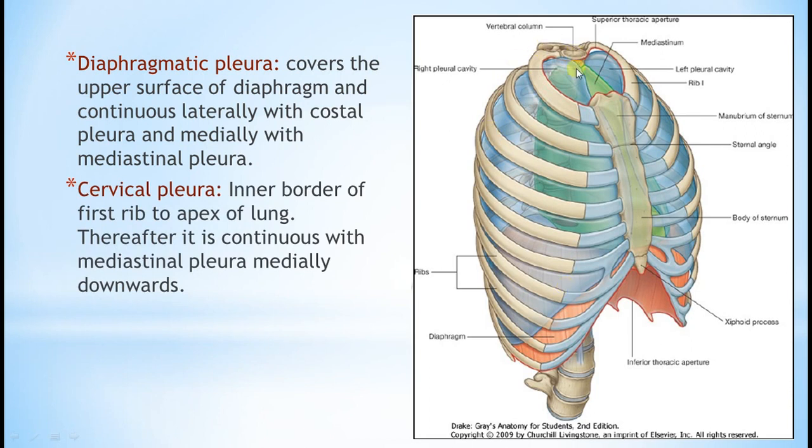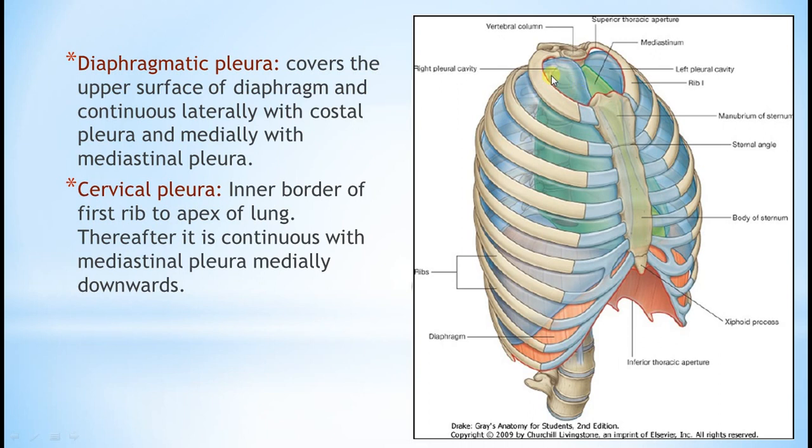Okay. The next part of the pleura which you are seeing is the cervical pleura. This red line, what you see here, is the inlet of thorax. You are able to see that is the thoracic inlet. Above or beyond the inlet, you are able to see this cervical pleura.